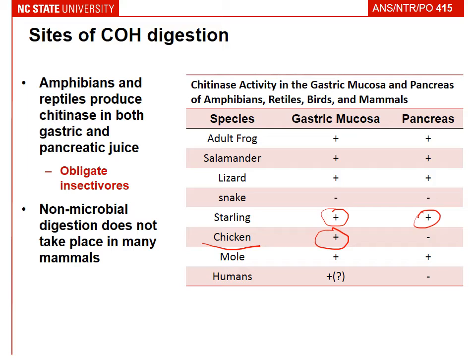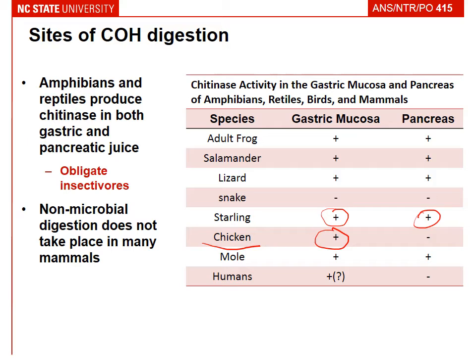So this is just a table showing the chitinase activity of different species and which ones are having the chitinase released from the gastric mucosa or from the pancreas. So you'll notice that the majority of the amphibians and reptiles that are obligate insectivores are releasing the chitinase from both the stomach and the pancreas.